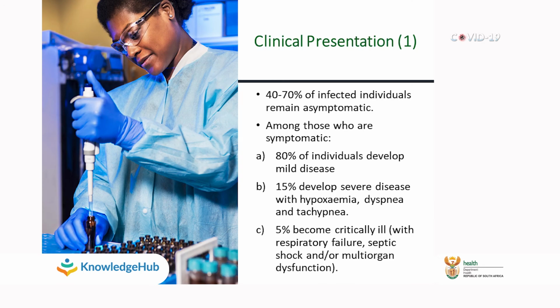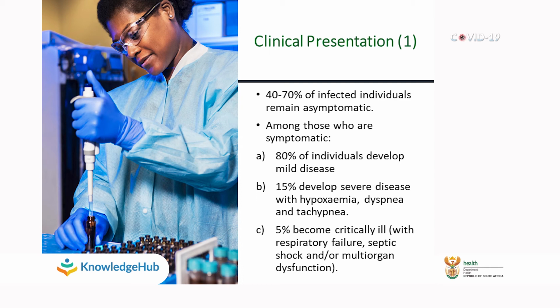Now, in terms of clinical presentation, I wish to say that approximately 40, possibly 70% of all infected people are asymptomatic. They don't show any symptom, and it appears they are transmitting the disease, which is very concerning.